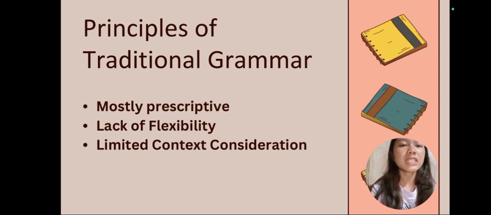So limited context consideration. Kay naay standard rules nga ginasunod, so that's why limited lang ang context nga gina-consider when we talk about traditional grammar.